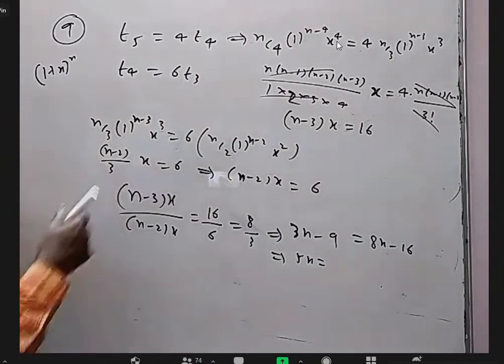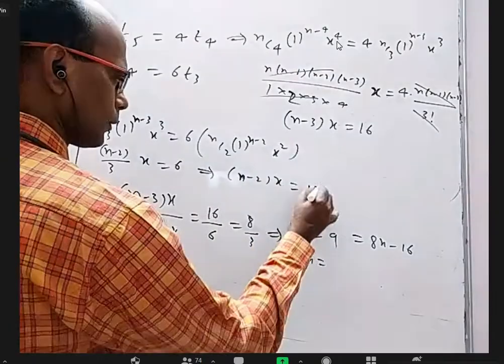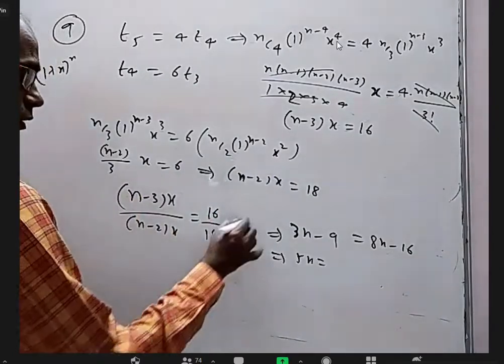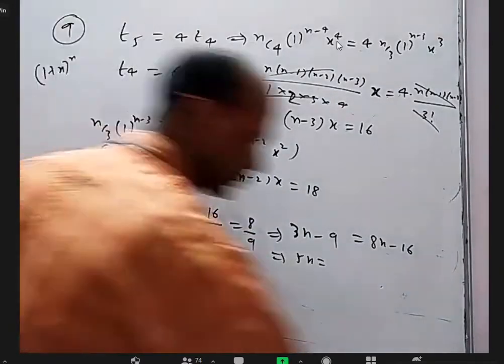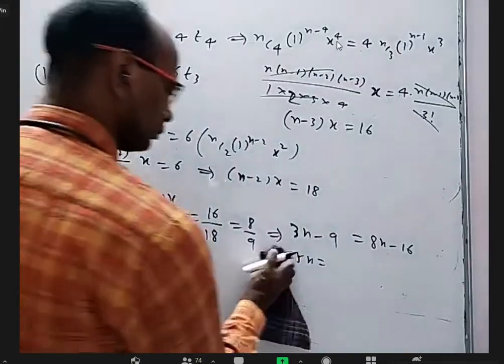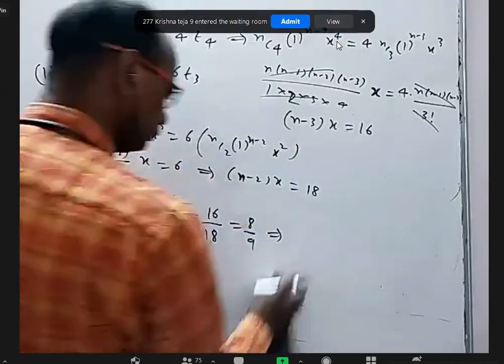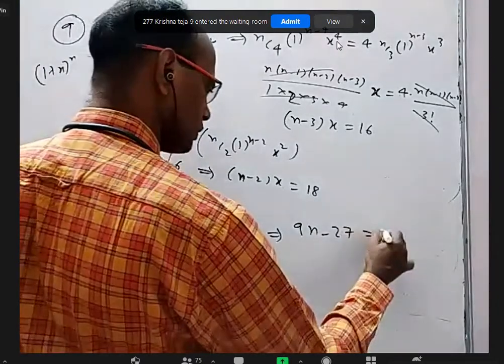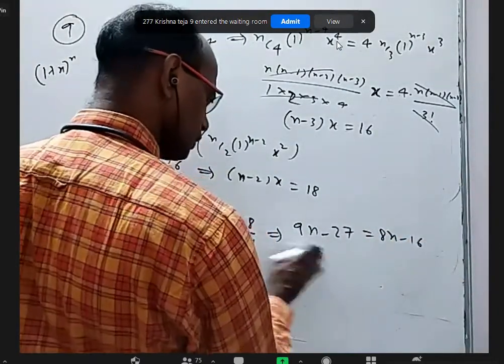This is 6 3s are 18. 16 by 18 means 8 by 9. So 9n minus 27 is 8n minus 16, where n equal to 11.